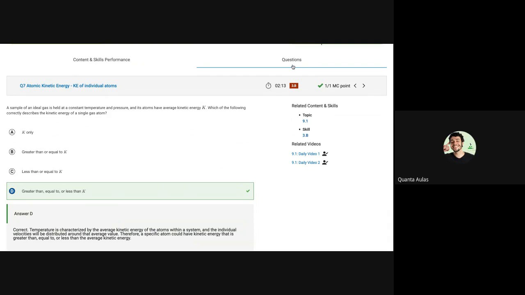Okay. D is right here. But why? Then the kinetic energy of a single atom can be more, equal, or less than the average in this situation, because of the statistical distribution of the energies.